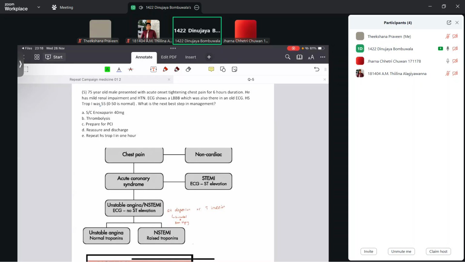The question the examiners are going to ask is, after you present the case, how are you going to manage the patient when he presents in the acute setting? So you should have a prepared answer beforehand, which should be applied to each and every patient who presents with acute coronary syndrome.